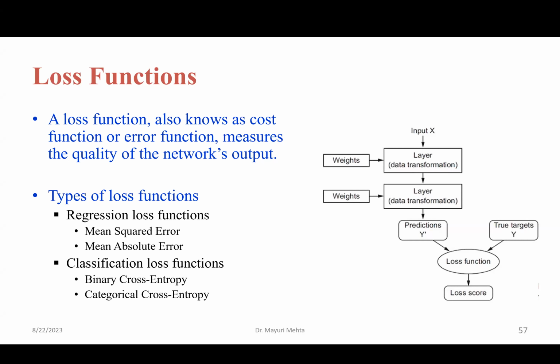So here I have included some more, these are the loss functions in deep learning. For regression problems, we may use mean squared error, mean absolute error, Huber loss. For classification, binary cross entropy, categorical cross entropy, and hinge loss, and many other loss functions.